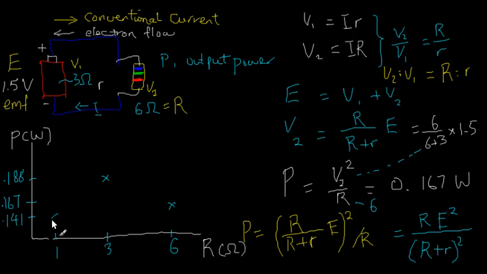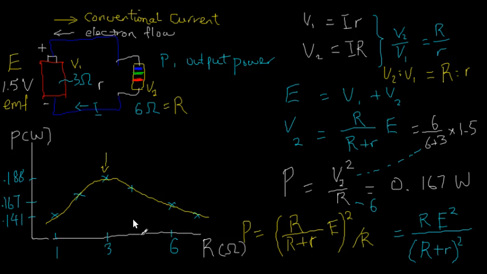So I get a point there. I can repeat this for a few other points. What I would find is a graph that looks something like that. If I try to sketch this, it will look something like that. So it'll be a curve, and this curve has a peak. Okay, the peak is here.